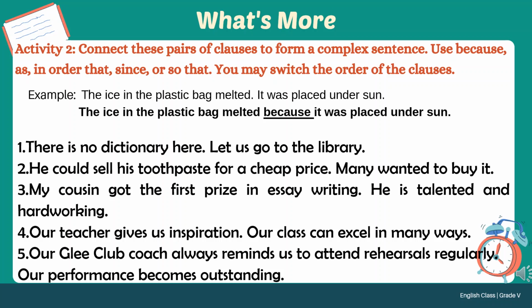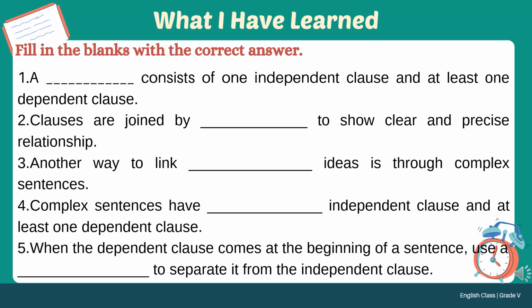Connect these pairs of clauses to form a complex sentence. Use because, as, in order that, since, or so that. You may switch the order of the clauses. There is an example provided for you. Complete each sentence by filling in the blanks with the correct answer.